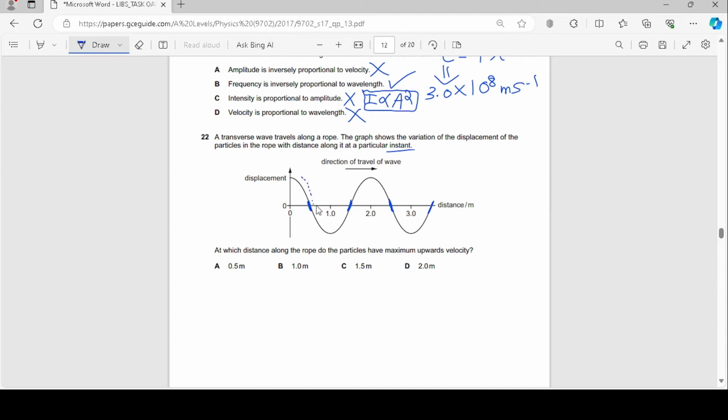Because this is at an instant of time, if I shift the wave like that, because it's moving along this direction, that means at another instant it's going to have shifted like that, right?